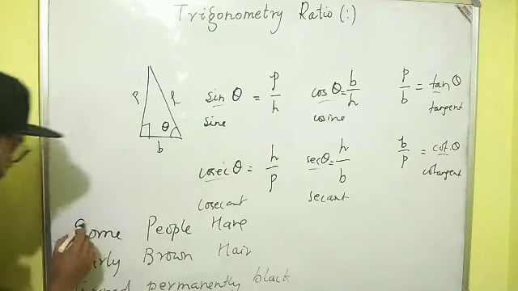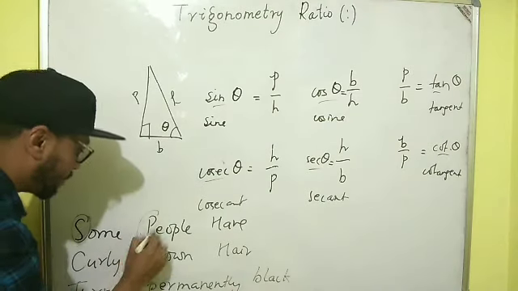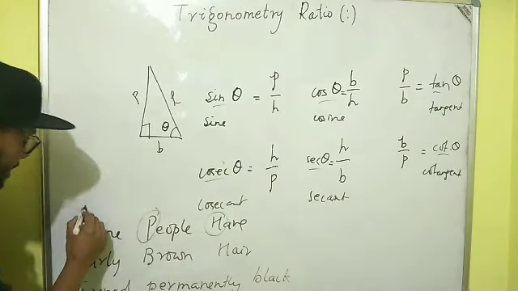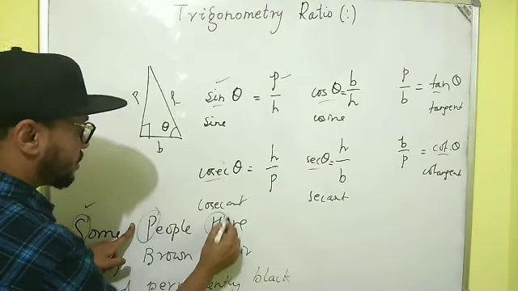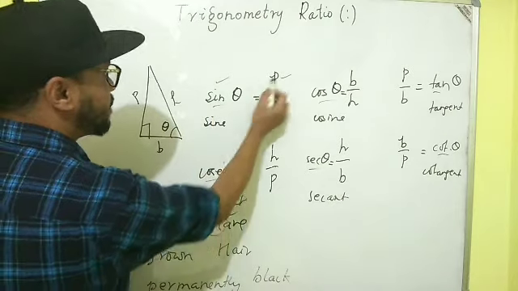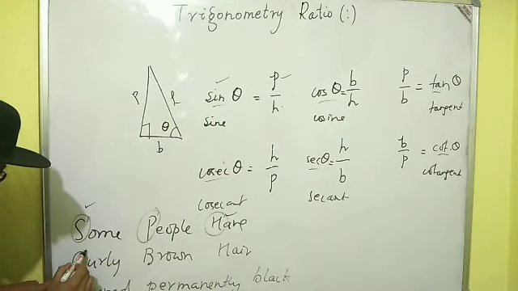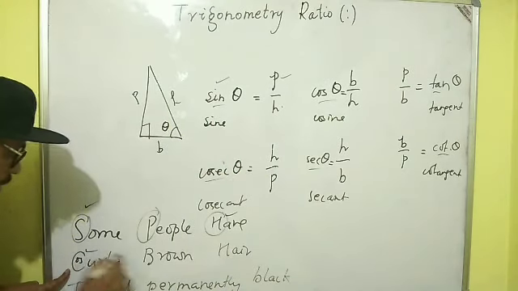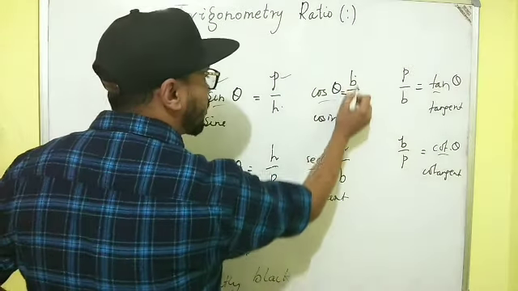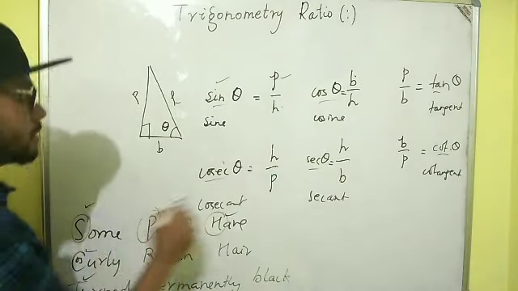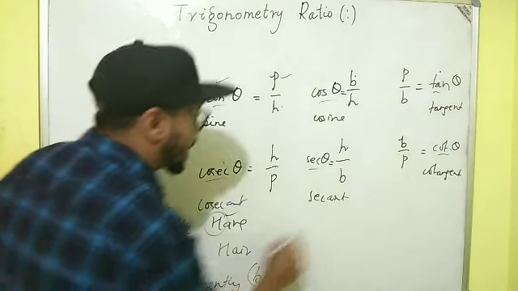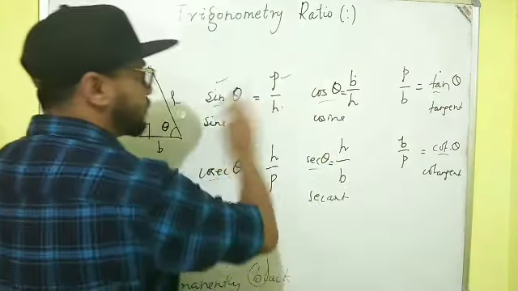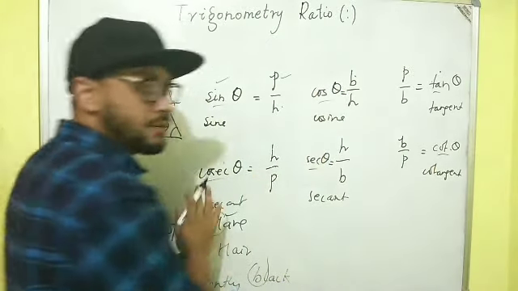The first letters: S represents sine, P represents perpendicular, and H represents hypotenuse. Curly represents cos, brown hair; T means tan, turned permanently black. So if you know these three, we can easily find the others.